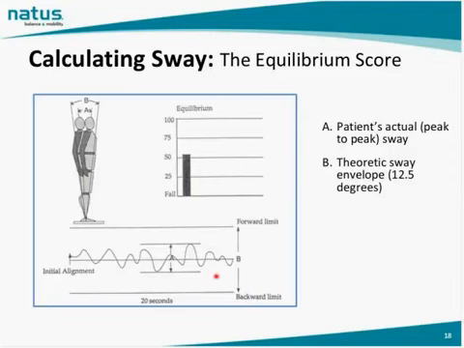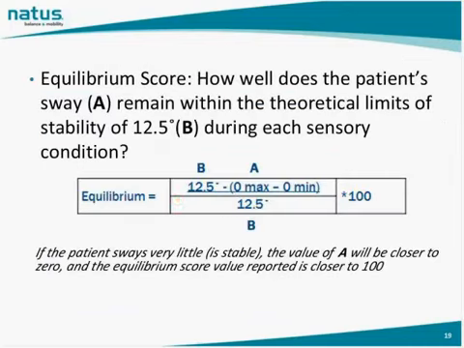That mathematical relationship then is turned into the equilibrium score, where a very high score of 100 would be like a pillar of stone. And that's very seldom, if ever, seen even on the very easiest conditions. As the number goes down, stability decreases to the point where the patient actually loses balance and experiences a fall reaction. Mathematically, the formula is very straightforward.